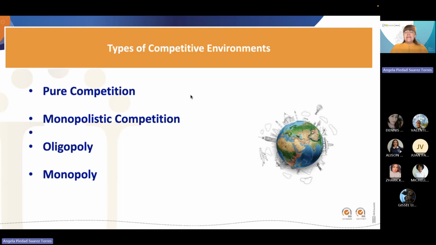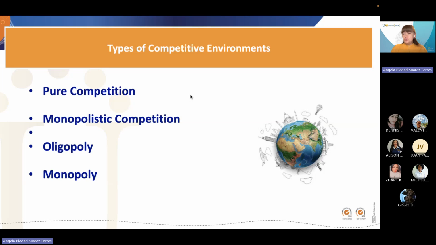So it is a group of very huge companies that we have to consider, but it depends on the market that we're going to face. In the case of a small, medium business, which is the traditional size of the companies, for example in our country, we're going to face more pure competition or monopolistic competition.